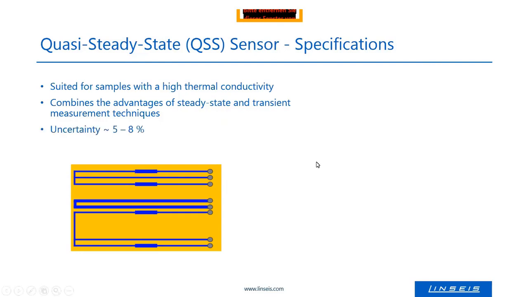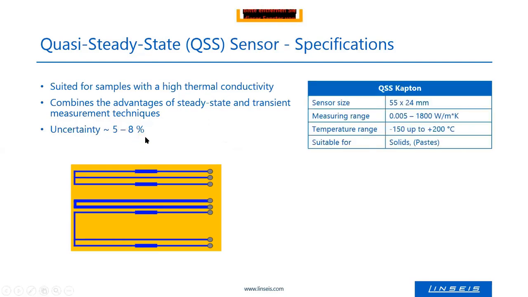The uncertainty is quite good for thermal conductivity devices. It's not as good as with the THB sensors, but it's still between 5 and 8%, which is better compared to laser flash, for example.